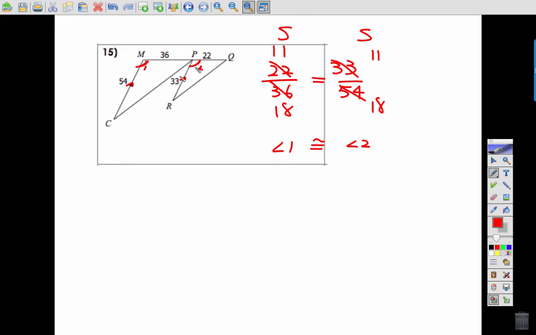They're corresponding in each of the triangles. So here is my A. So by the SAS similarity theorem, triangle PQR on the right is similar to triangle MPC. That is my similarity statement.